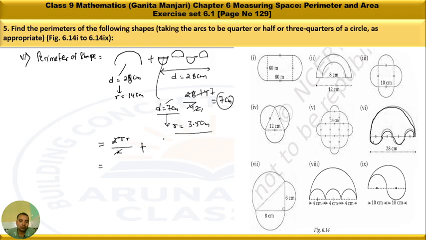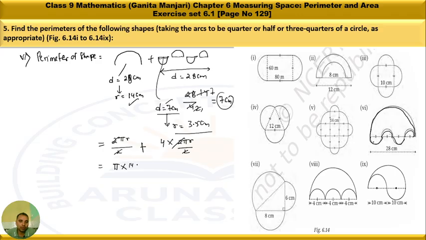how many semicircles are there here? 4 semicircles are there. So 4 multiplied with 2 pi r upon 2. 2 and 2 get cancelled. Now pi r, here the r is 14 centimeter.